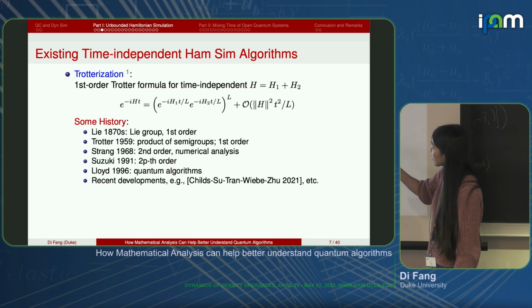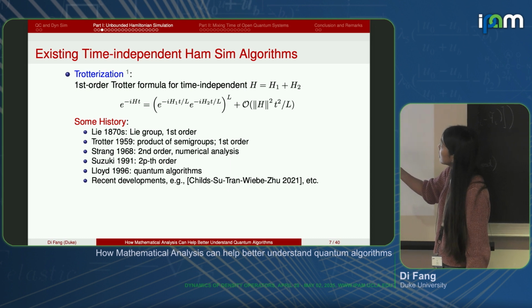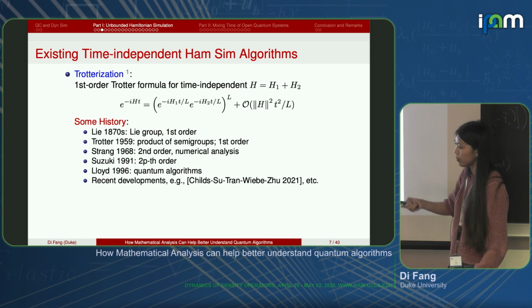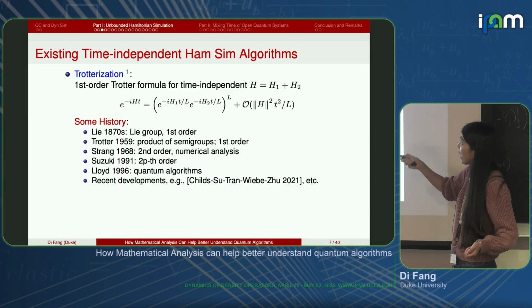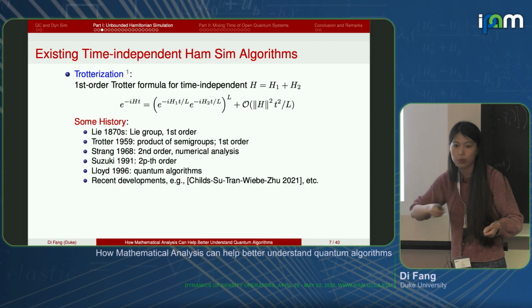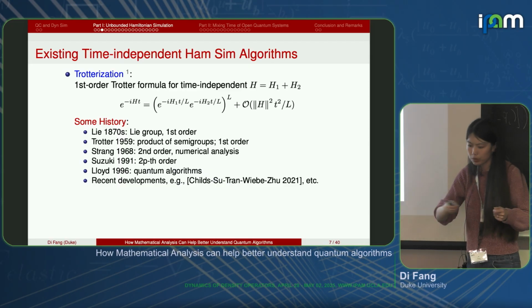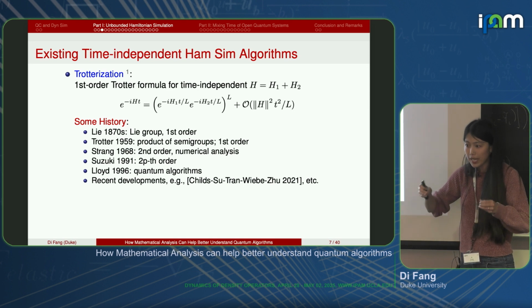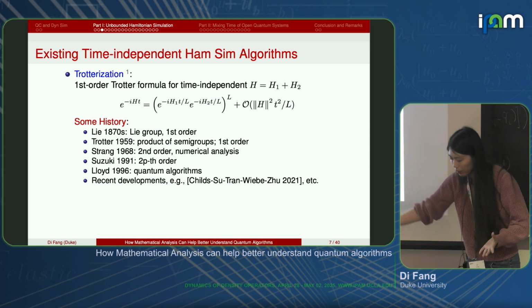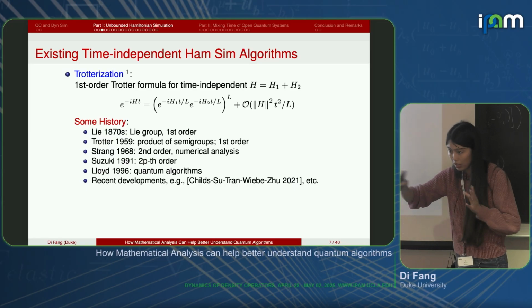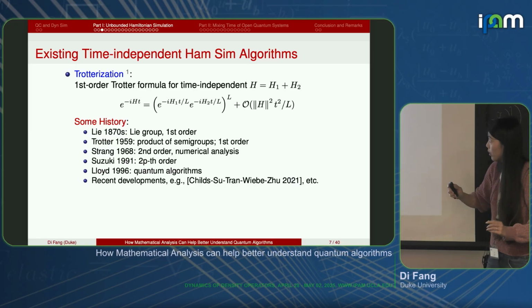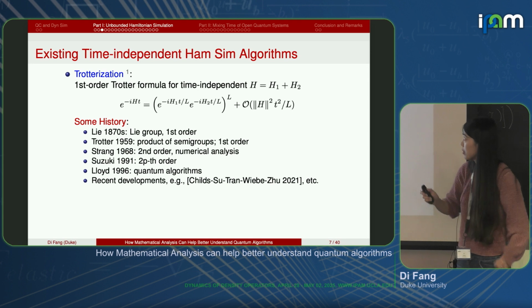This L means how many times you need to repeat the underlying step. Suppose I put this whole thing as a building block and create its quantum circuit. This L tells me how many times I need to run this quantum circuit. This corresponds to the so-called query complexity, and the gates per query will then mean, for each time step, what is the circuit that I need to implement for this particular simulation.